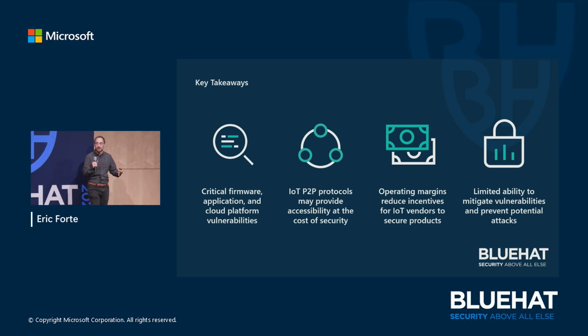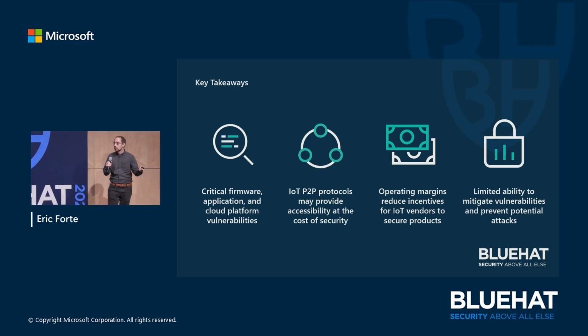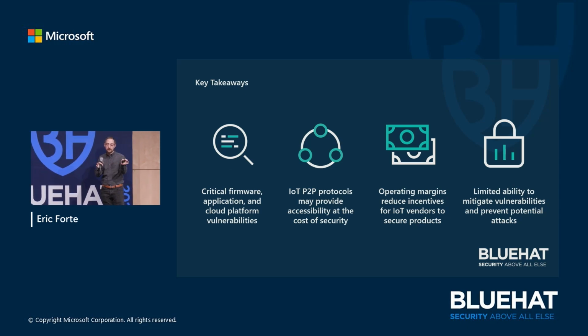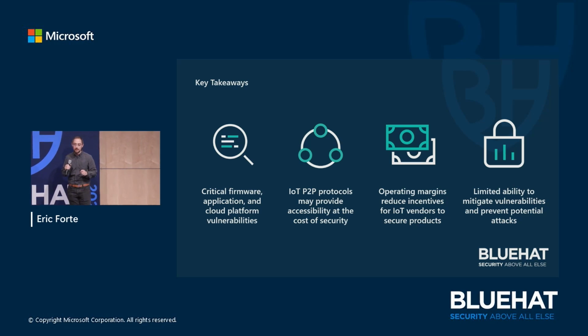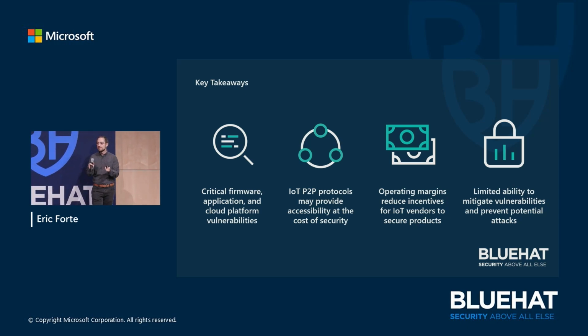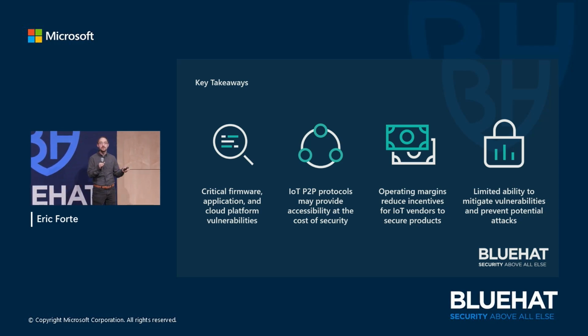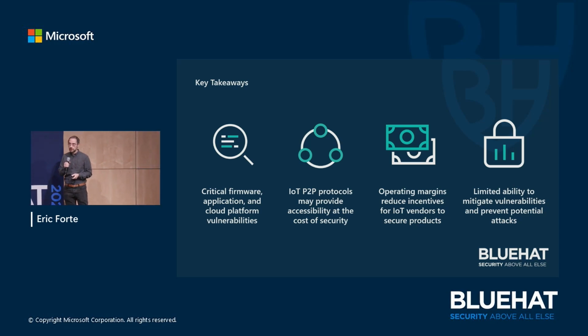That's not something you can reliably do, so these problems will persist. Additionally, that gets to the limited ability to mitigate it, right? So again, when you're looking at these devices, you have to take into account the entire ecosystem and where things can go wrong. Mitigate where you can, because your operating environment, especially on the device itself, might be limited in what you can do.